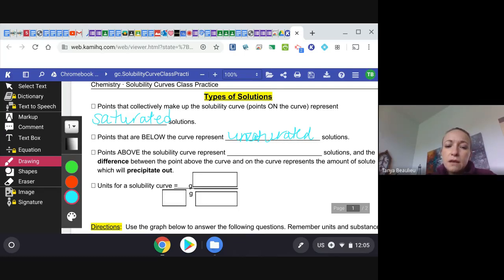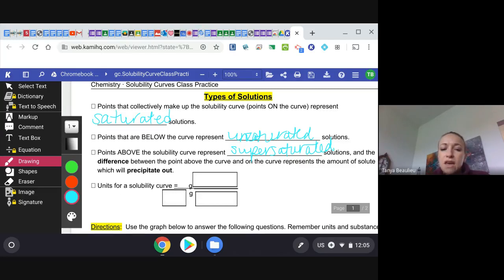Points above the solubility curve represent supersaturated solutions. And the difference between the point above the curve and on the curve represents the amount of solute which will precipitate out. Supersaturated solutions hold more than the maximum amount of solute, and it's all dissolved.